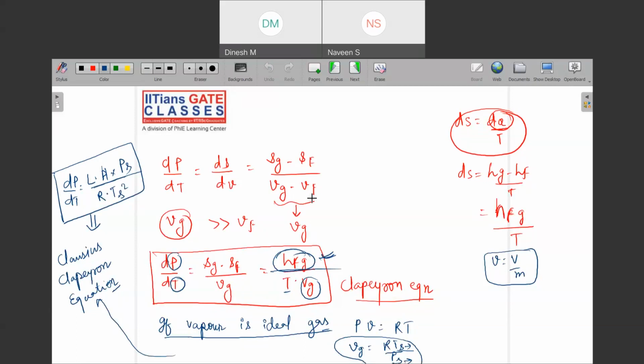Okay. So Maxwell equations are used for finding out entropy change by measuring pressure, volume and temperature.